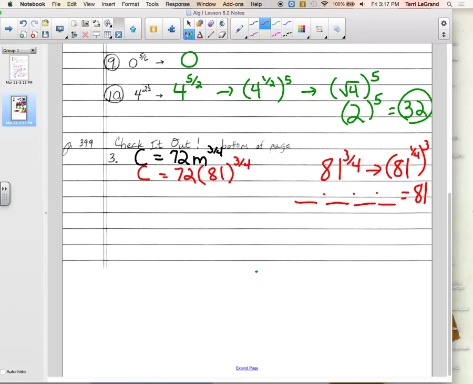Okay. So now we have 3 to the third power, which is 27. So now we're going to go back over here and say that 81 to the 3/4 power can get replaced with 27.